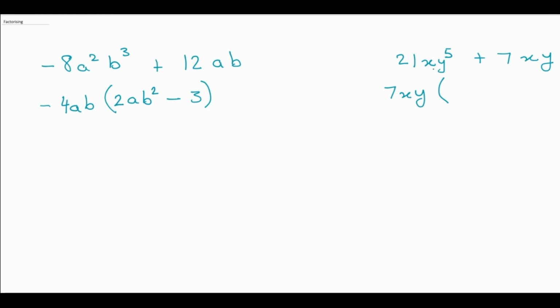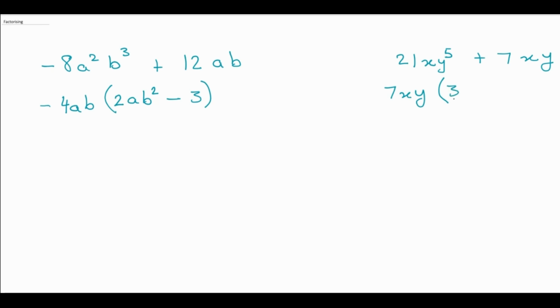21xy to the power of 5. To do this, let's go through our 3 steps again. A positive times what will give us a positive. We know a positive times a positive will give us a positive, so I don't need to put in a sign over here. Step 2, let's have a look at our numbers. 7 times what will give us 21. We know 7 times 3 will give us 21.